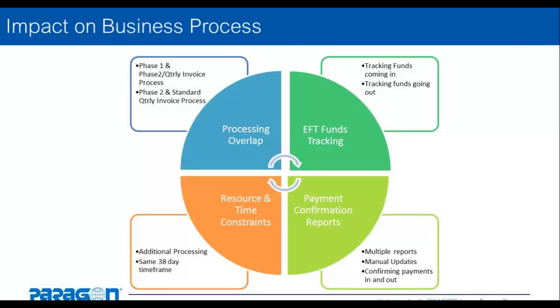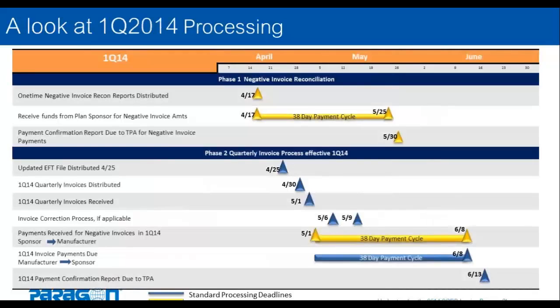The next slide I'm going to go over was prepared to illustrate all the activities that will be occurring during the Phase 1 negative invoice reconciliation processing and the 1Q14 quarterly invoice processing as a result of the negative balance solution we just reviewed in detail. The image provides a visual perspective of the processing overlap we just discussed between both phases as well as within the standard quarterly invoice process. You can see the overall timing and resource constraints that can result from this.